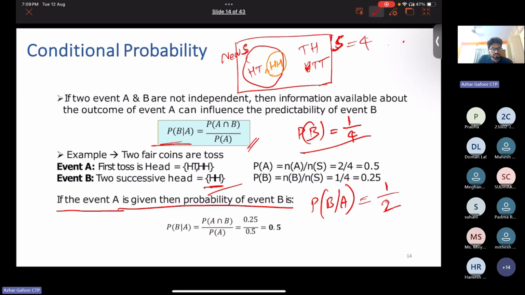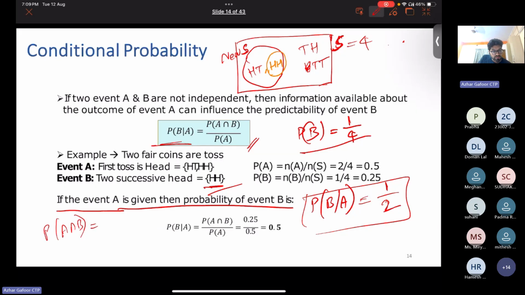All right. Again, now let's try to use the formula and do the work. So this was from the Venn diagram. Now probability of B given A is equal to probability of A intersection B divided by probability of A. What is the probability of A intersection B?